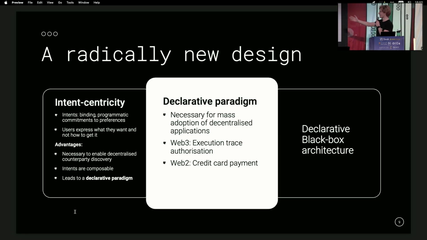And there are some other advantages here. Once you switch your mind to this idea of declarative decentralization, you get a lot of advantages. You get decentralized counterparty discovery almost for free, because I have an intent that says I want to trade 1 Bitcoin against 100 ETH.